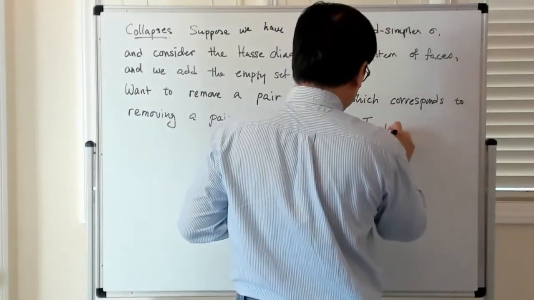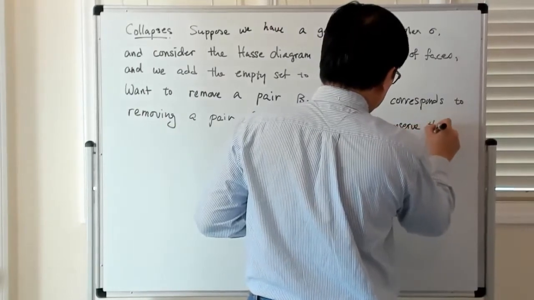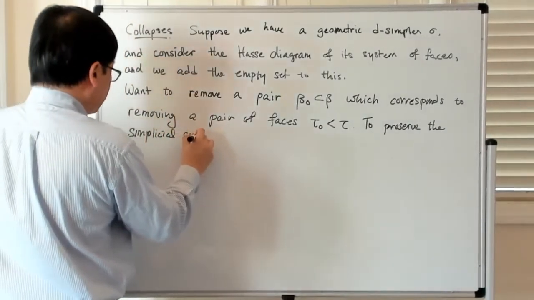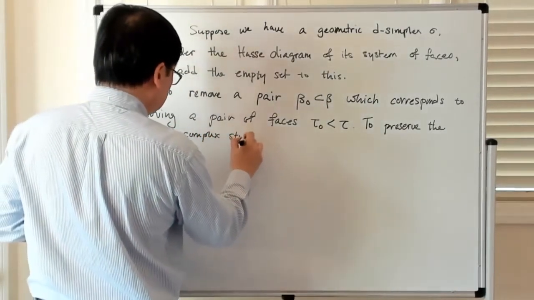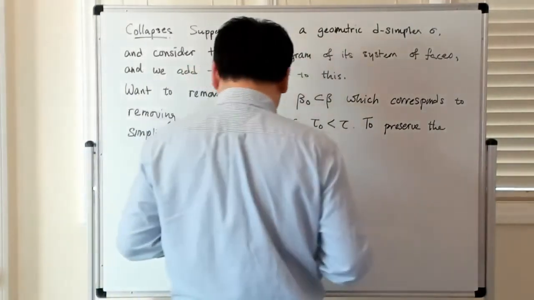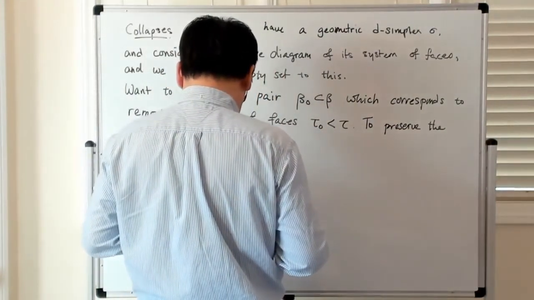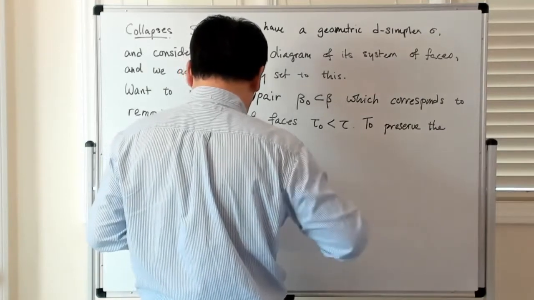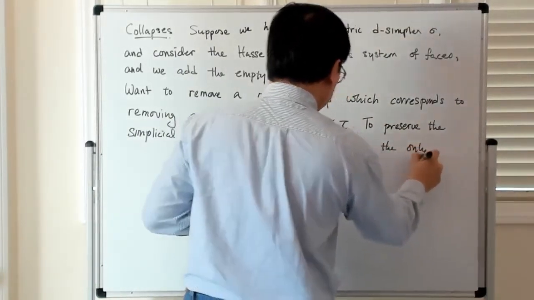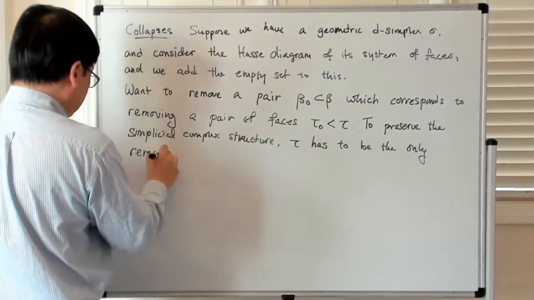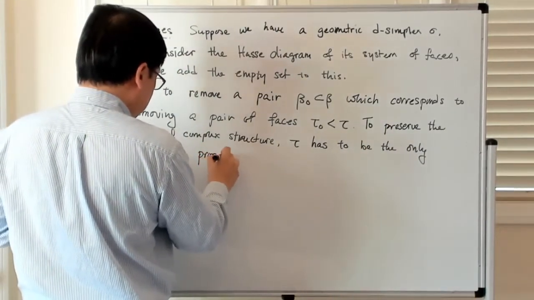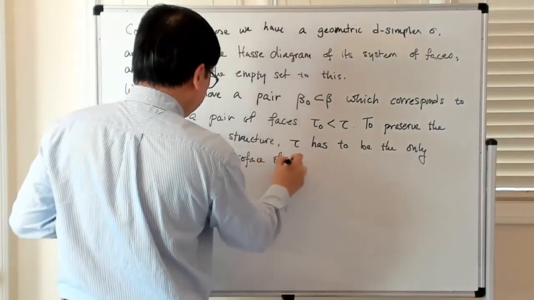So to preserve the simplicial complex structure, tau has to be the only remaining proper coface of tau 0.